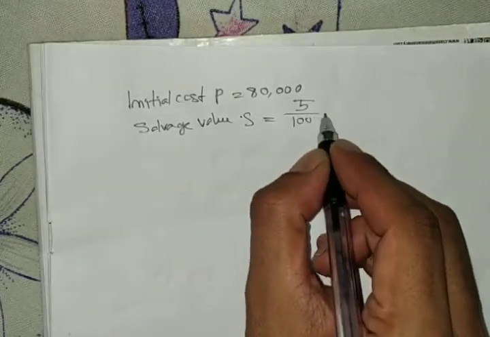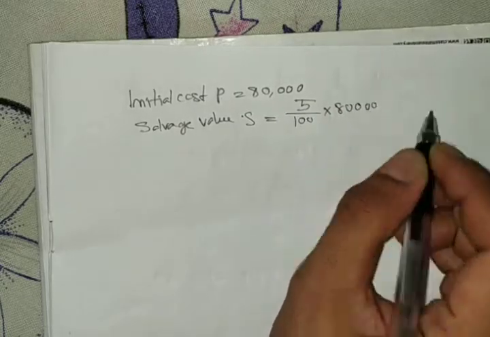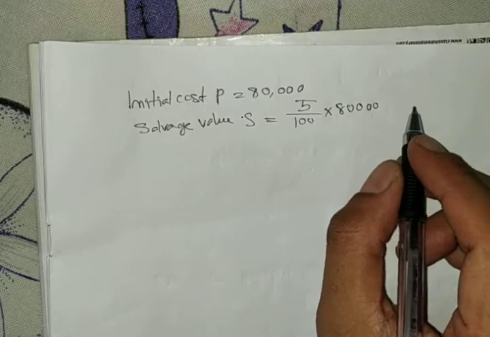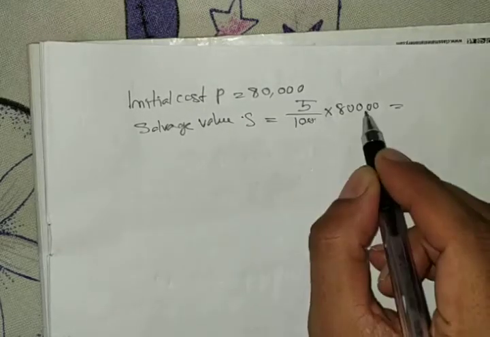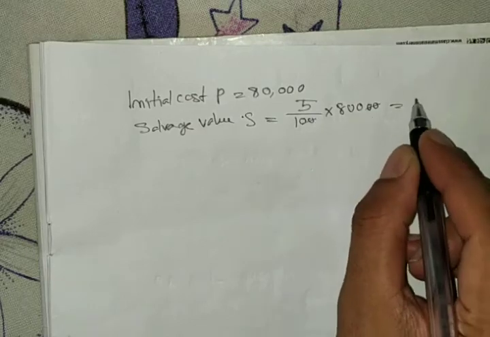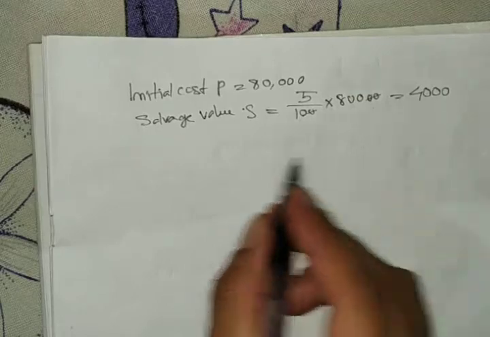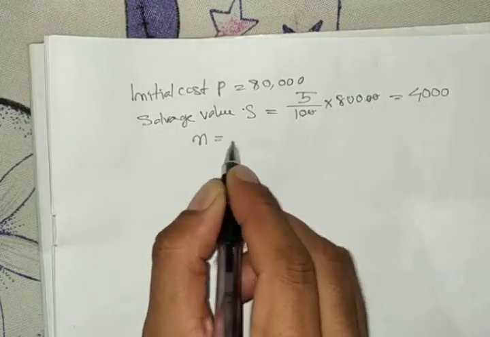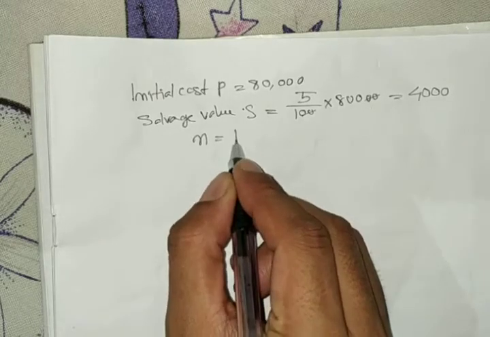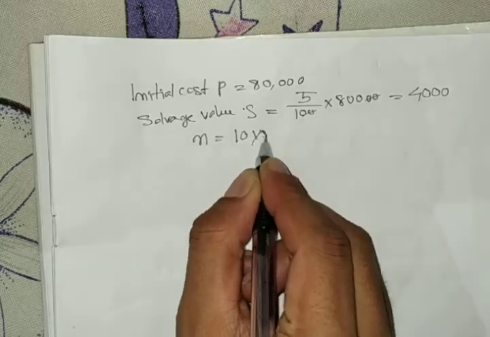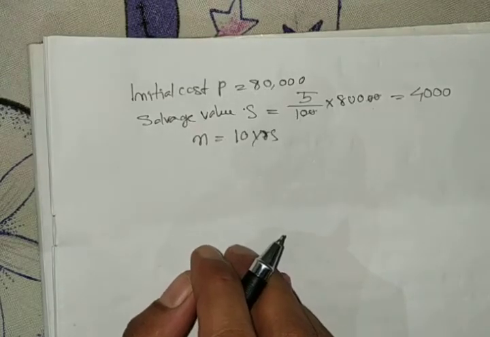So 5 by 100 into 80,000, which you can easily find out, is 4,000. And N is given here as 10 years.